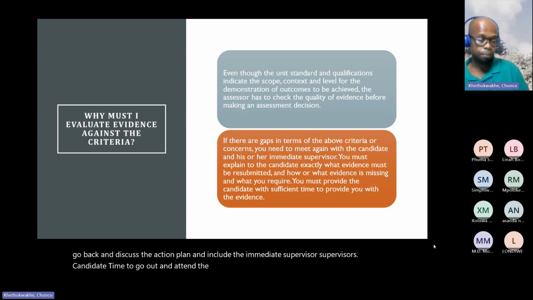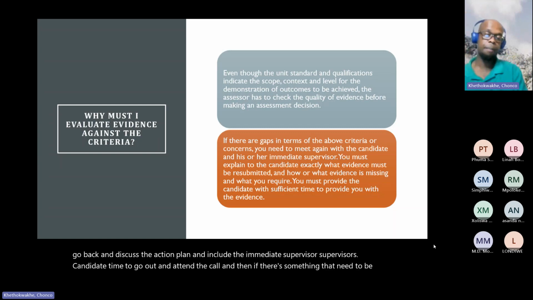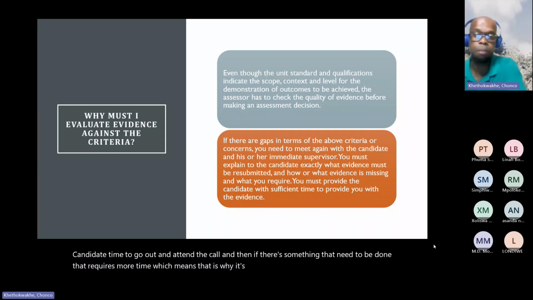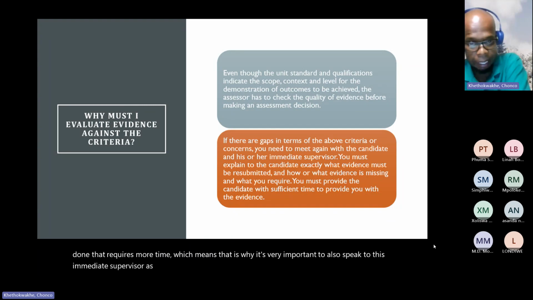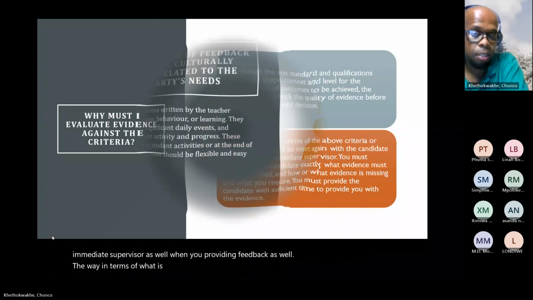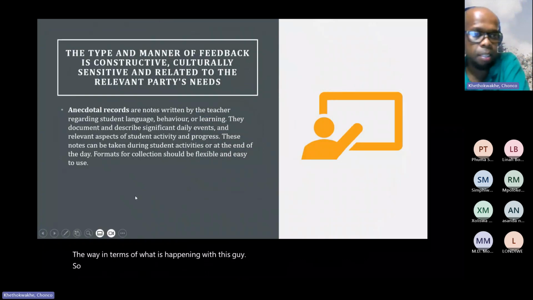And if there's something that needs to be done that requires more time, that is why it's very important to also speak to the immediate supervisor when you're providing feedback, so that they will be aware of what is happening with this person. So they will know that this person is not passing the course.